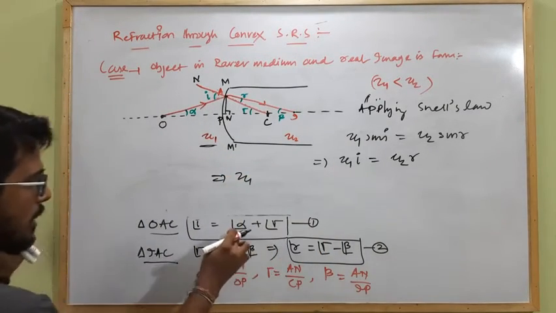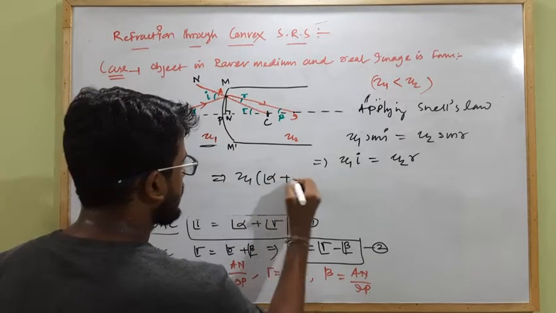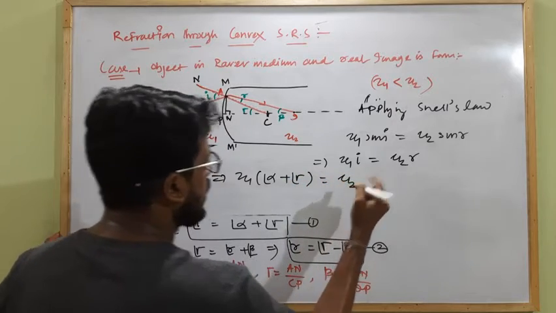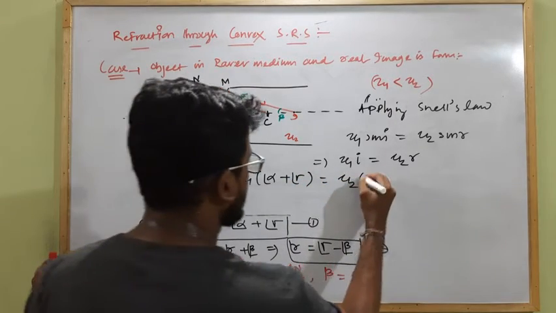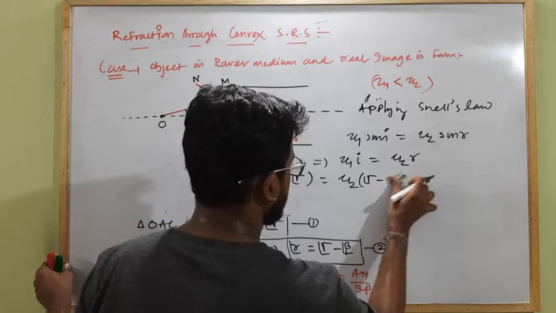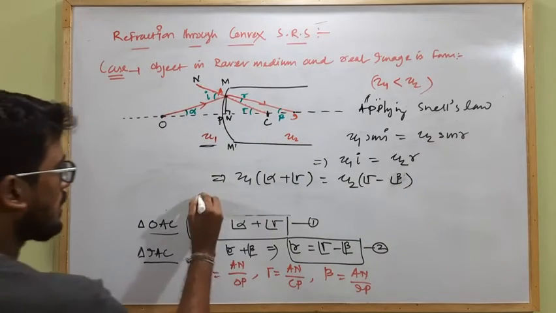What is I? I equal to alpha plus gamma, so angle alpha plus gamma equal to mu2 into what is R? R equal to gamma minus beta, so angle gamma minus beta. Clear?